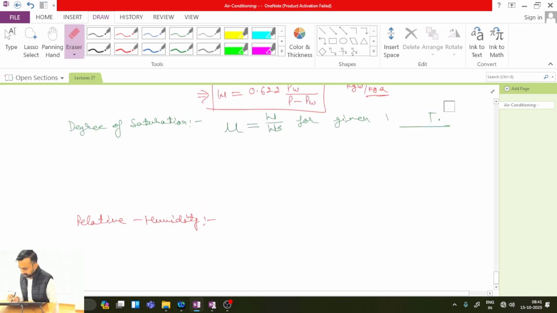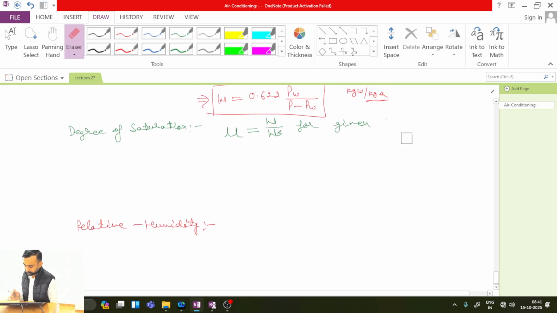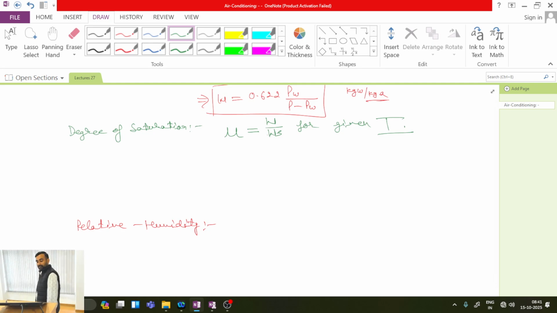Even volume is not needed, because volume is always taken care of in the humidity itself. Is this point clear? So degree of saturation is nothing but the humidity of normal moist air divided by the humidity of the saturated air. What do you mean by saturated air? When will I call air saturated?